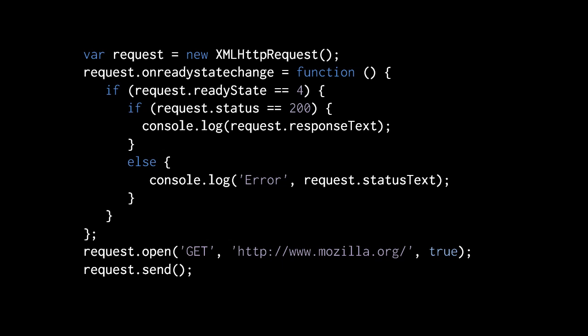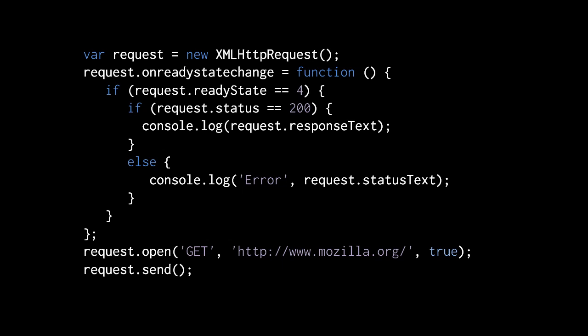And alternatively, if we get something other than a 200, we're going to treat that as an error. We're going to print out to the console error and request.statusText, which is effectively the error message that comes back with an HTTP response. Now, of course, in a real page, we do more useful things with the response data that comes back. We take it and, say, insert it somewhere in the page so it's visible to the user, or something like that.